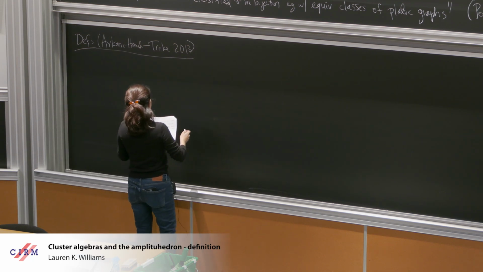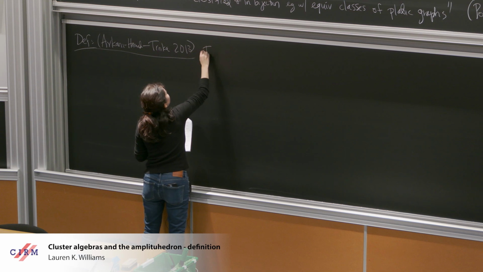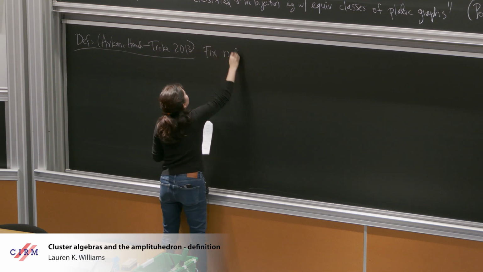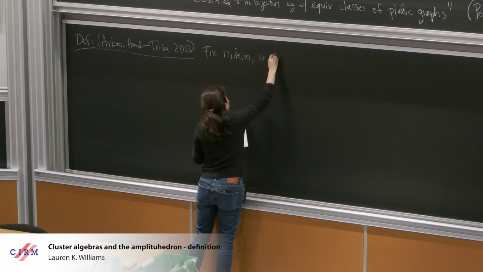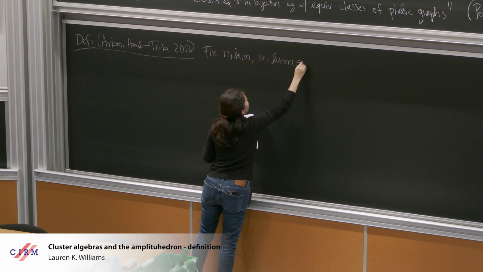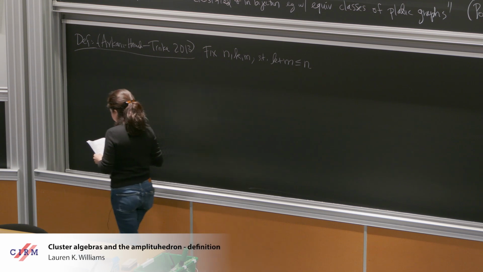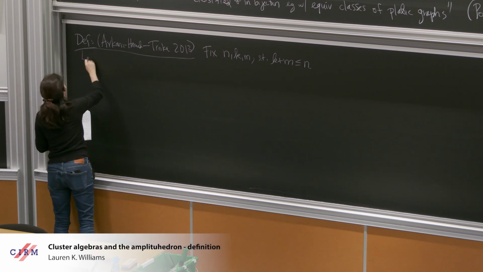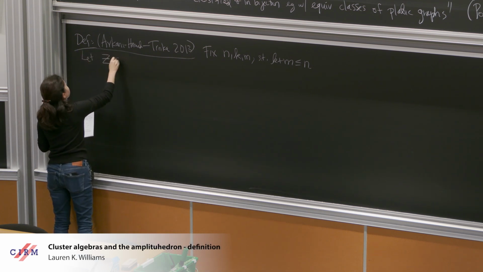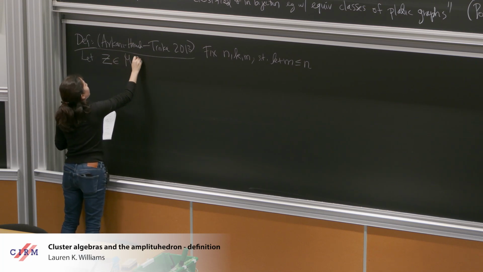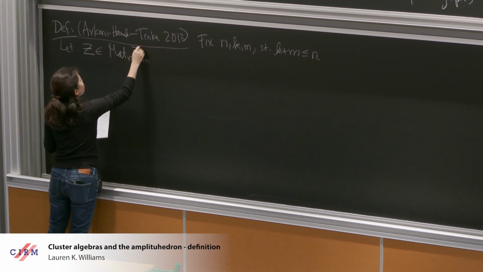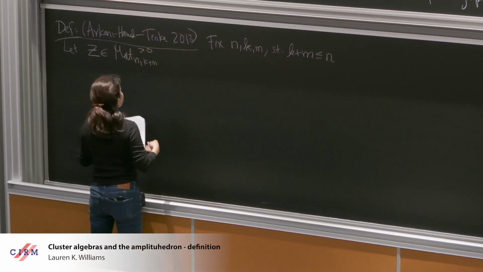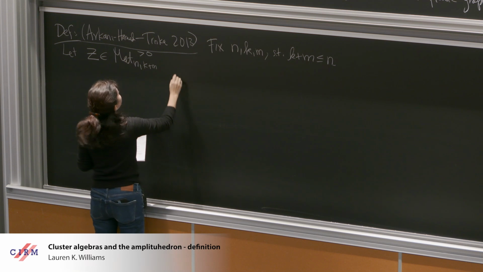So first we're going to fix positive integers n, k, and m with k plus m at most n. And we're also going to fix a matrix Z, and this will be an n by k plus m matrix with maximal minors positive.